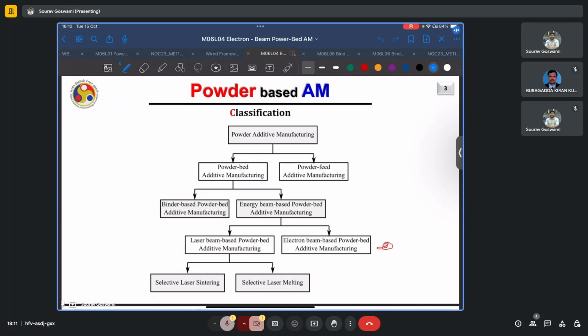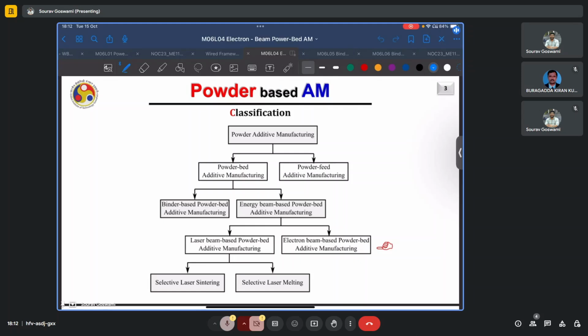As you already know, such processes can be divided into powder bed additive manufacturing type processes, where the powder is already available in the form of a bed. For each successive layer that is printed, the powder is recoated and the region is suitably scanned, either with a beam like an electron beam or a laser beam, or as we will see later today, using a binder.